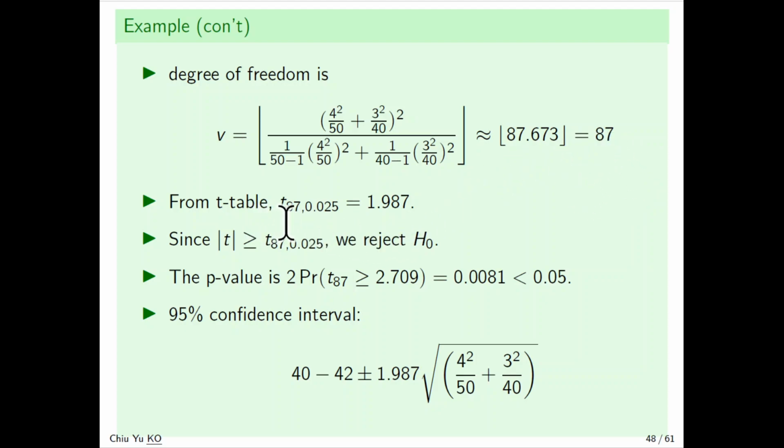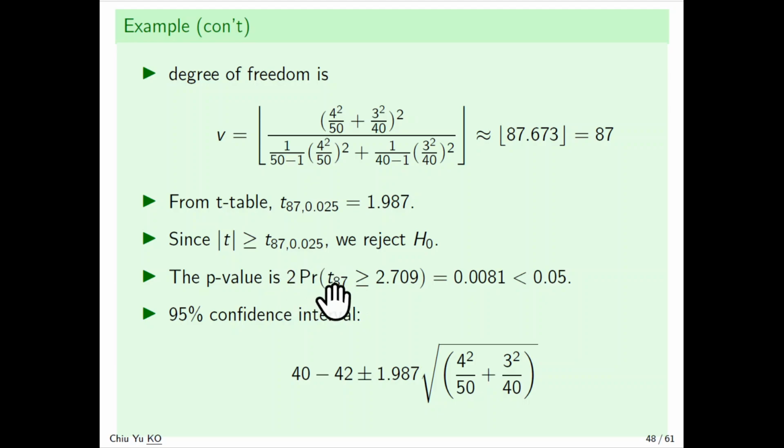So from the t table, with 87 degrees of freedom, because it's two tail, so it's 2.5% each side, it's 1.98. And our t statistic, 2.7 in absolute value, is more extreme than 1.98, so we reject the null.